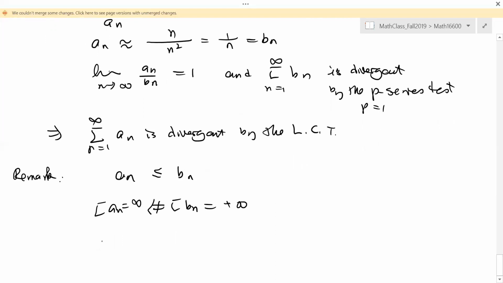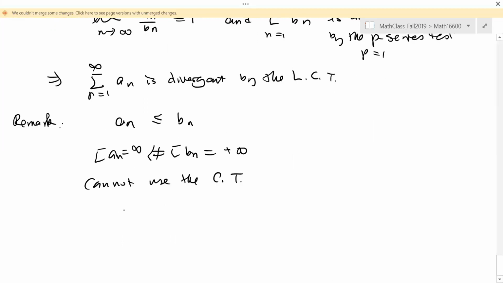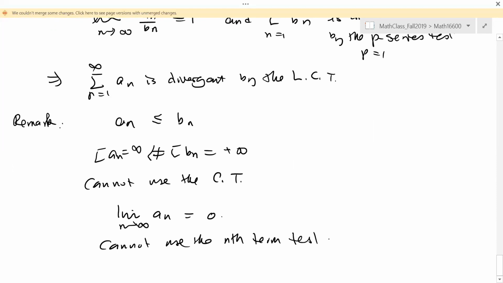You cannot use the nth term test for divergence because the nth term is indeed converging to 0. So the limit of the nth term is going to be 0, and we cannot use the nth term test for divergence.